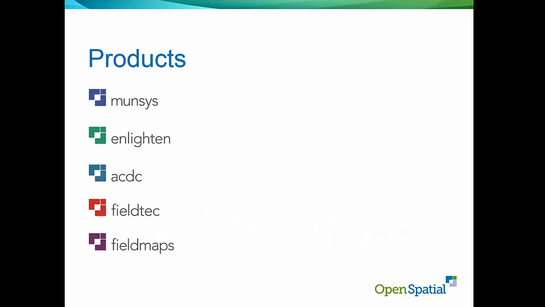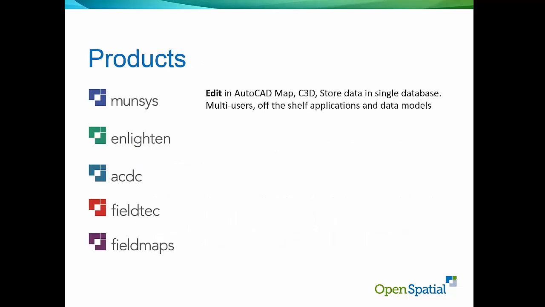We have 5 core products. I'll be showing you this one today. It allows you to edit data in AutoCAD Map or Civil 3D, but we actually store that in a single GIS database, and our application allows multiple users to use CAD but create and maintain a GIS database. We also have Enlighten, which is our geospatial portal and business intelligence platform.